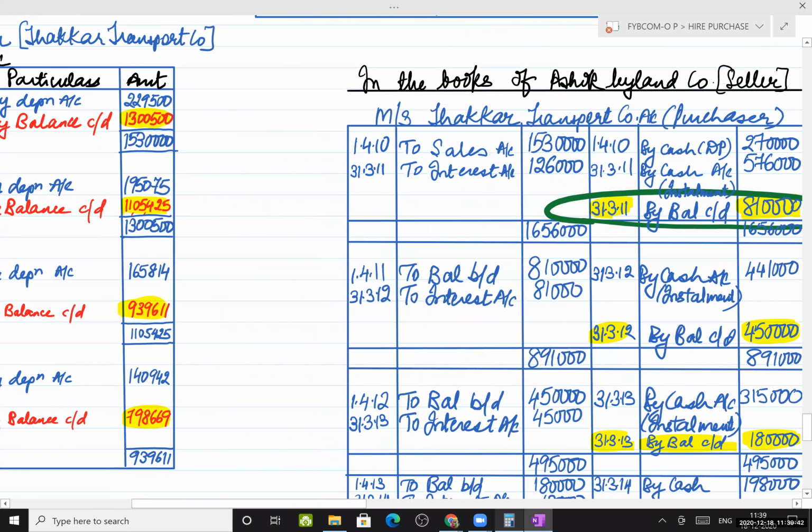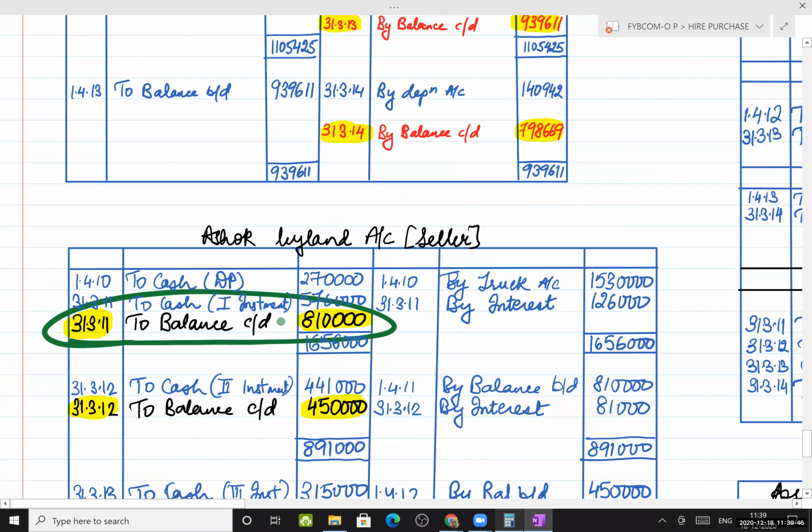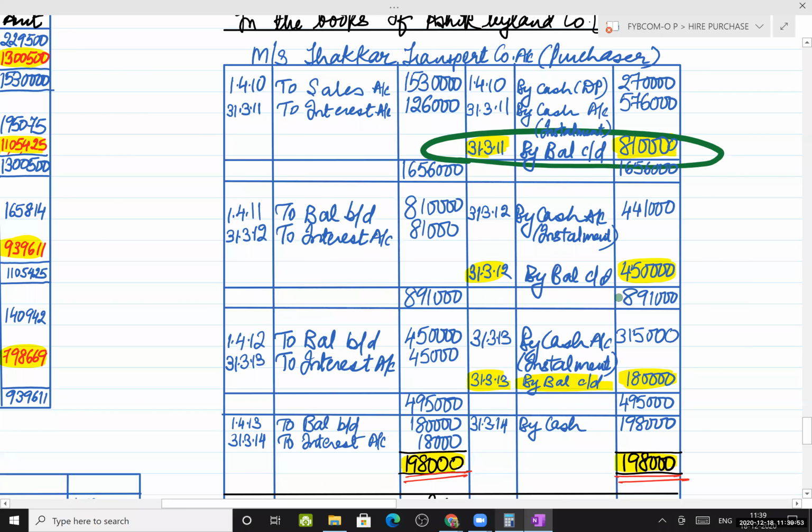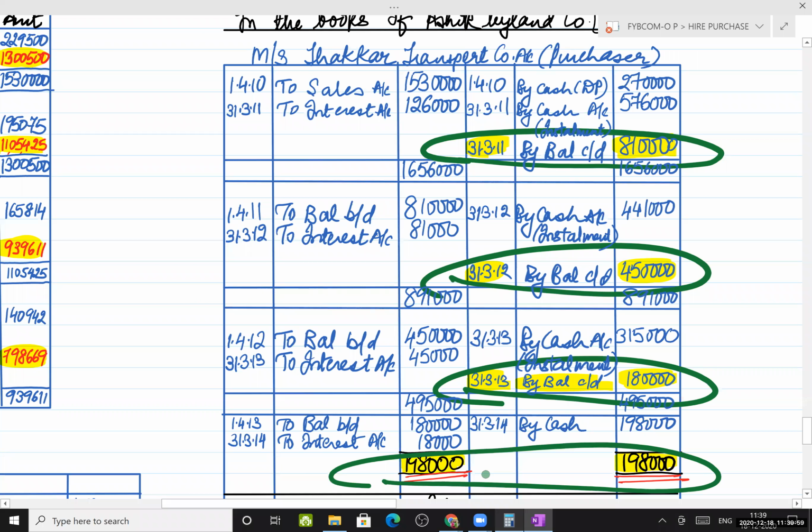In the purchaser's books you also got the same balance, but it's on the debit side, and there it is on the credit side. So you have to take care. See, second year, third year, and fourth year, I've shown it tallied by double underlining the figure.